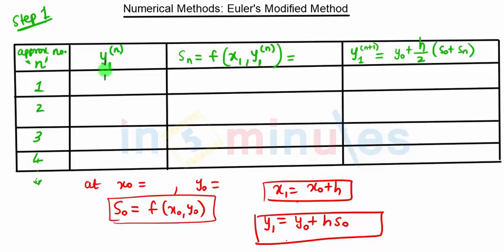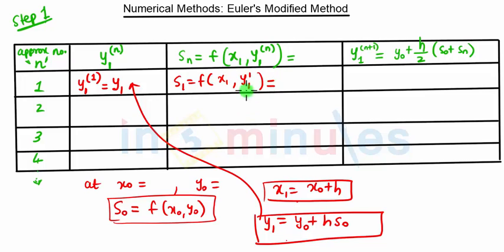So what will be this y1 raised to n? y1 raised to 1 will always be equal to y1. Then we calculate s1 equal to f of x1 comma y1 raised to 1 equal to something.